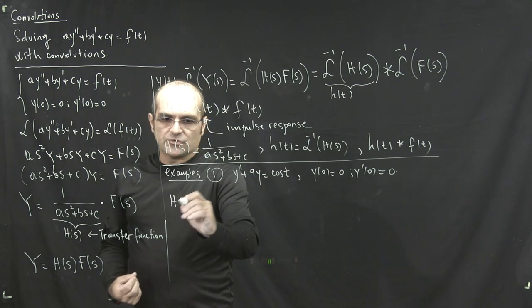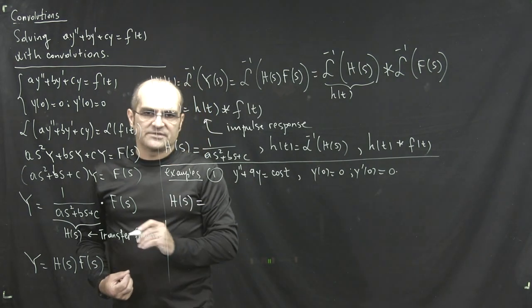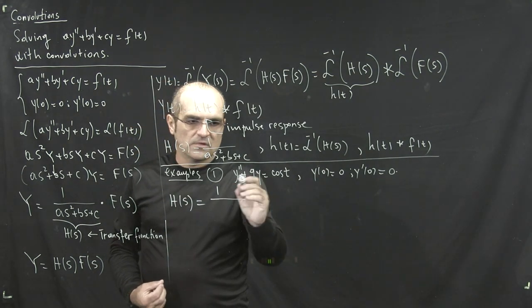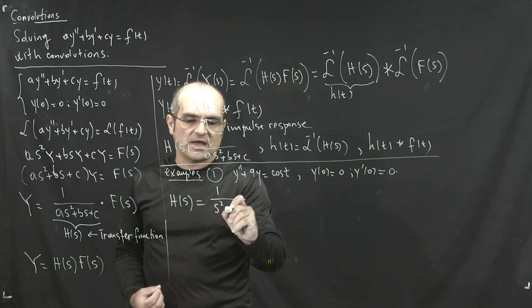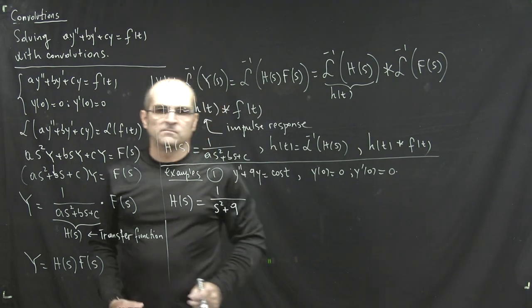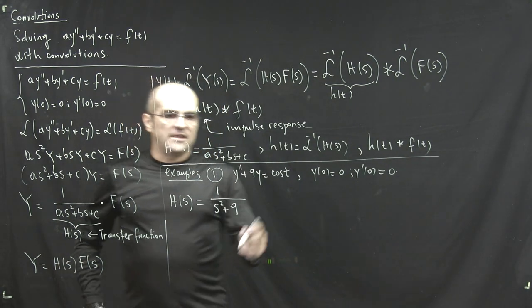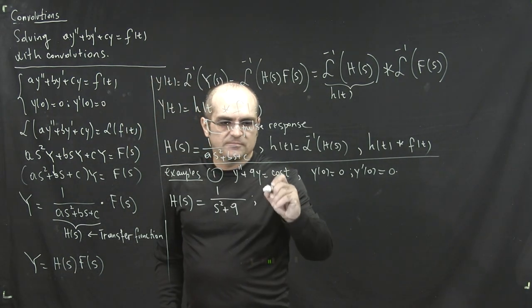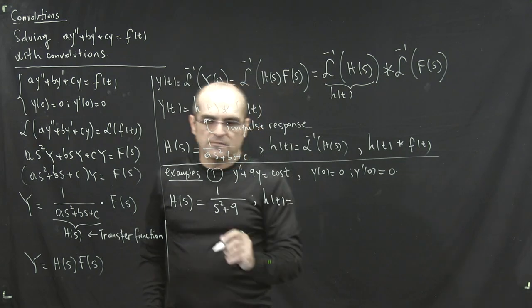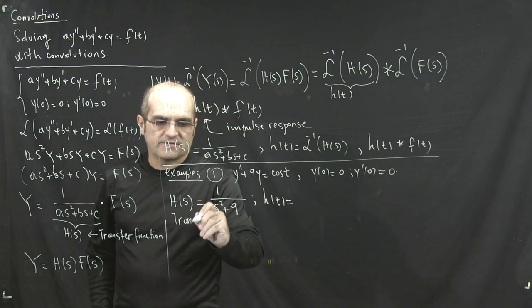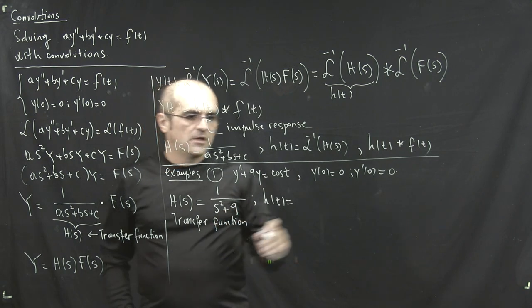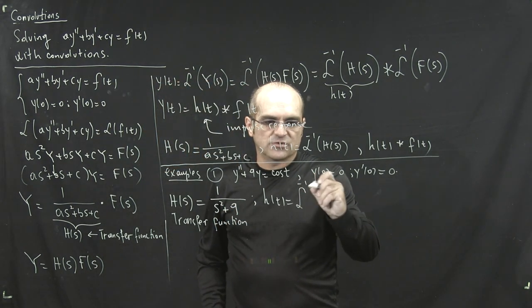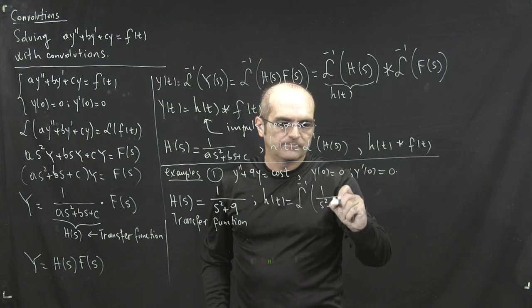The first thing to do is set up the transfer function, look at the characteristic polynomial, that's going to be just s squared plus 9, find the impulse response. So again, transfer function, the impulse response is the inverse of the transfer function.